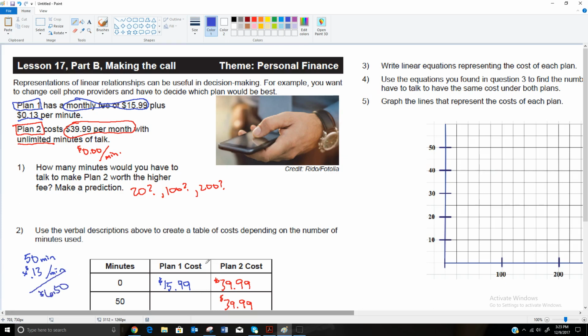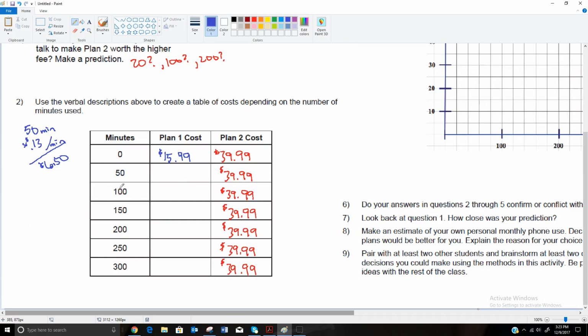So every time you go down, you go up by 50, and you have to make sure that pattern is going the same before you do something like this. But since every one of these is going up by 50, each box is going to add $6.50. So $15.99 plus $6.50 is $22.49.